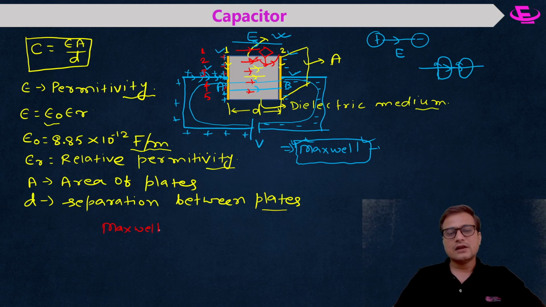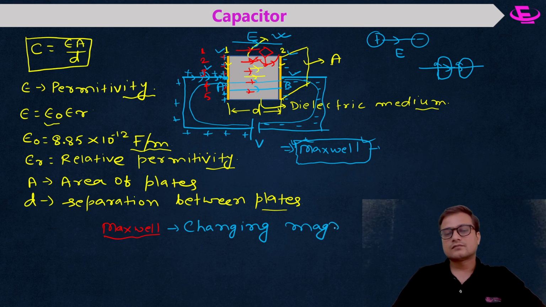So according to Maxwell, what did he tell? He told that the strength of magnetic field is increasing. That means there is a changing magnetic field. So now if there is a changing magnetic field, changing not magnetic, changing electric field.